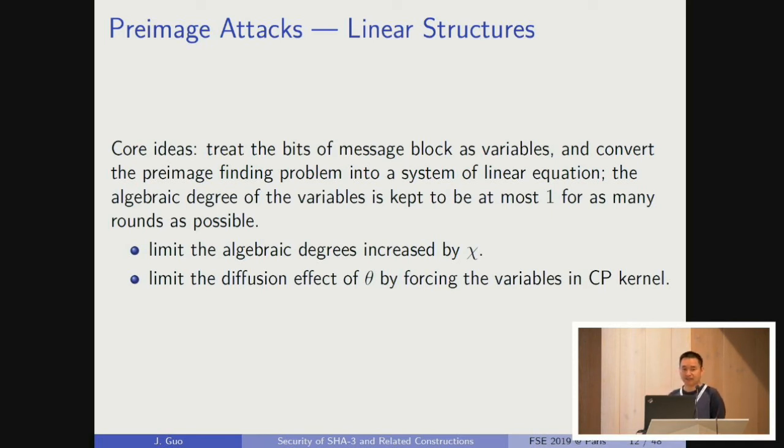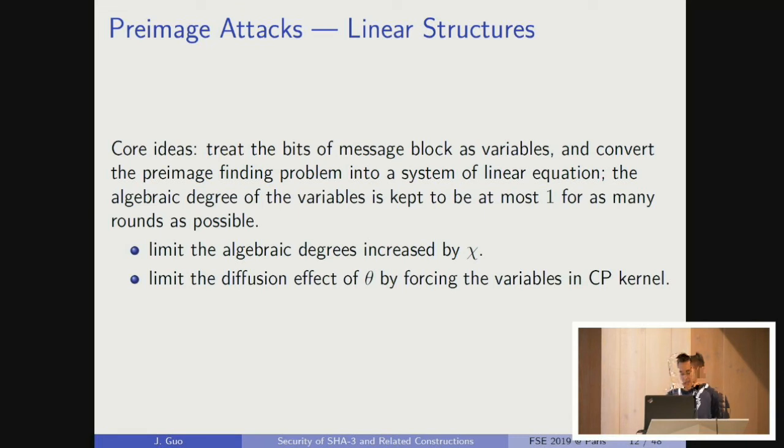As we can see just now, chi takes the product of 2 neighboring variables, and it increases the algebraic degree, but there's some way for us to limit this increment. The second method is to limit the diffusion effects of theta by forcing the variables in the CB kernel. We'll see.